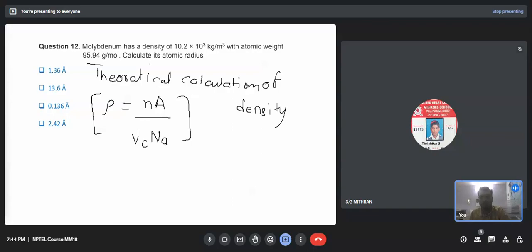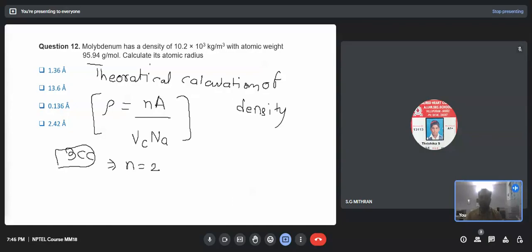So if we keep everything, we can get it. For that we need to know which kind of cell molybdenum is. This is a BCC kind of cubic cell. Molybdenum contains a BCC cubic cell. For that, the n value is 2.